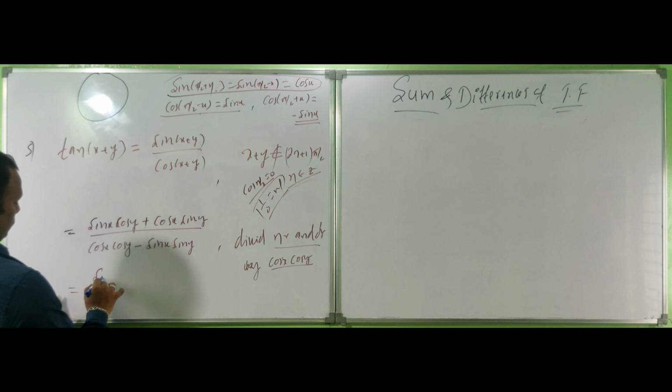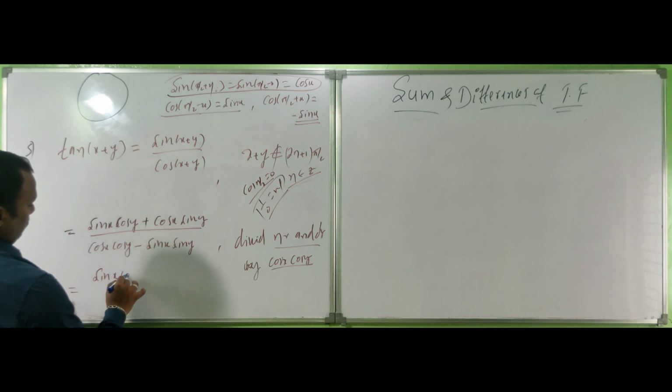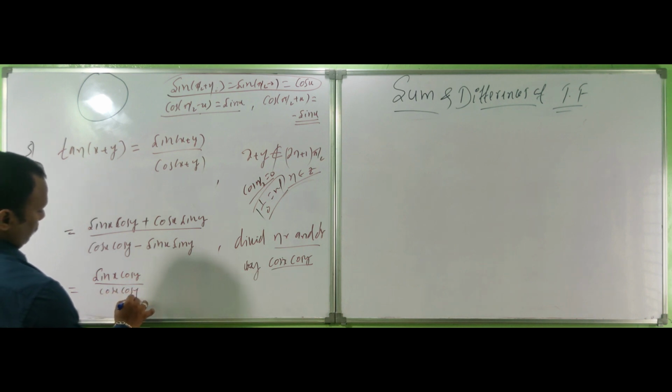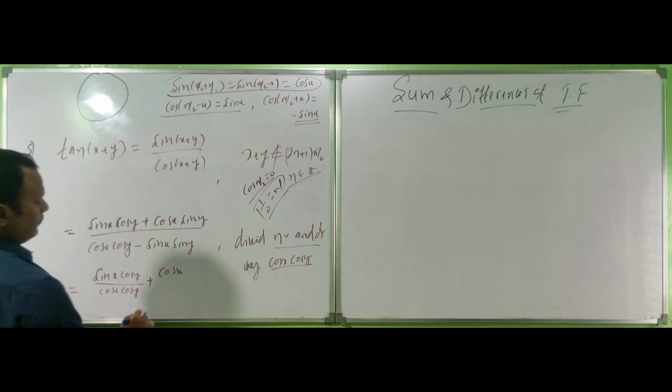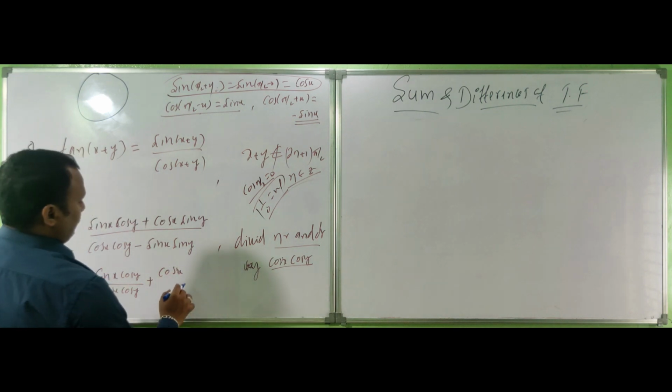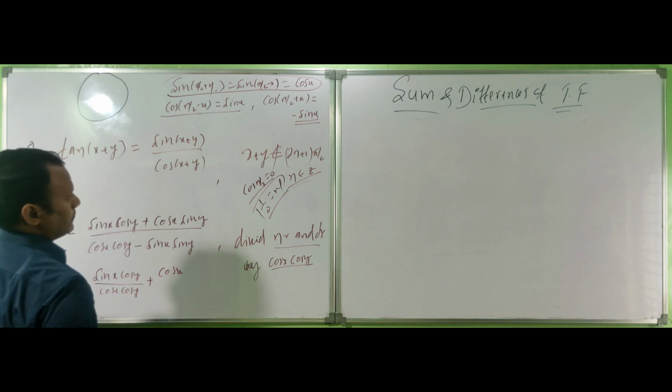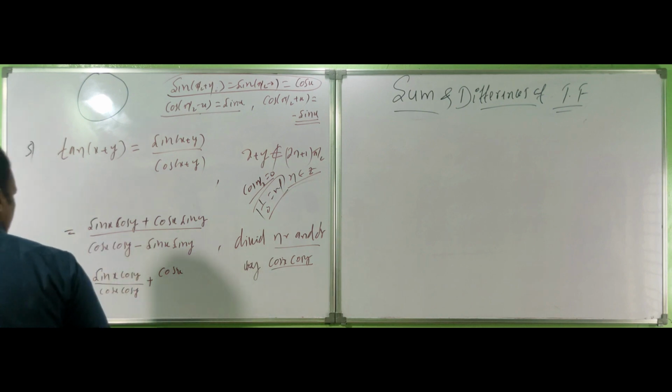Then this gives sin x cos y divided by cos x cos y plus cos x sin y divided by cos x cos y.